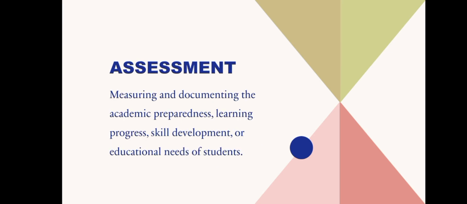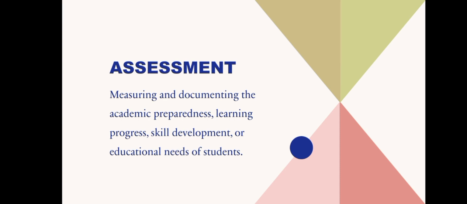And the end point in the 5 A's is the assessment, measuring and documenting the academic preparedness, learning progress, skill development, or educational needs of students. The form of assessment you're probably most familiar with is the grade you've earned on a paper or test, or the final grade in class after the semester is over.